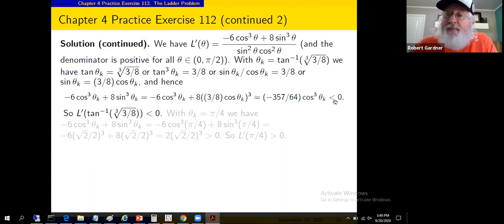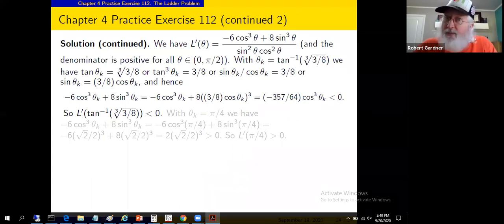Anyhow, that's negative. So the reason we got into this stuff with the tangent inverse of the cube root of 3/8 on the previous slide was to get this simple computation. It's simple because I was able to do it. The numbers are ugly, but we got a negative number out of this.